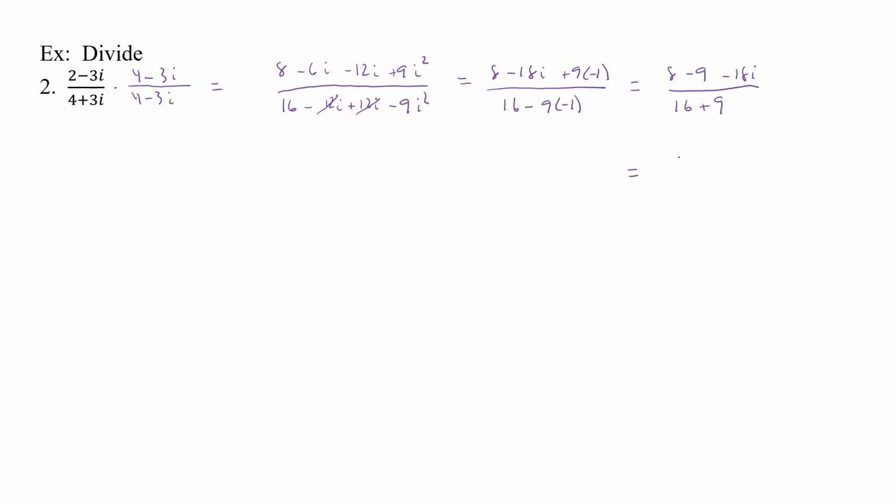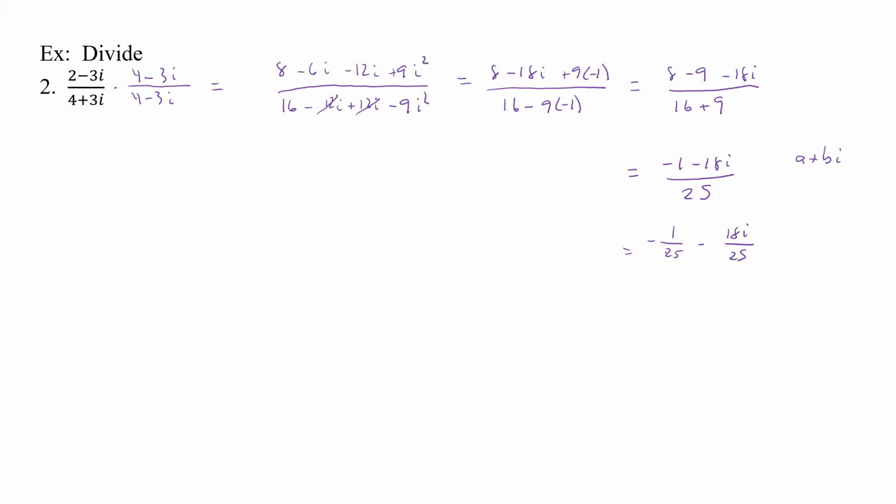And so 8 minus 9 is going to be a minus 1 minus 18i all over 16 plus 9 is going to give us 25. Now we need to simplify this into the form, again, a plus bi, so we need to get rid of the fractions over 1. So this becomes minus 1 over 25, and then minus 18i over 25.